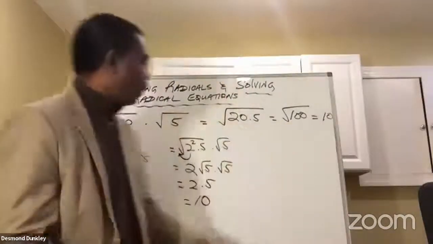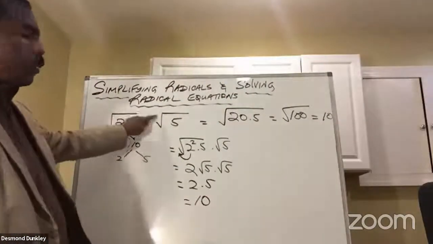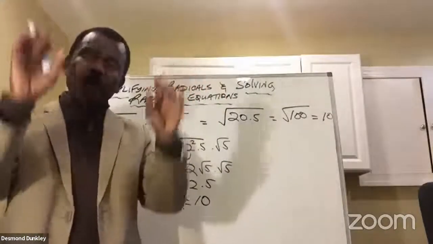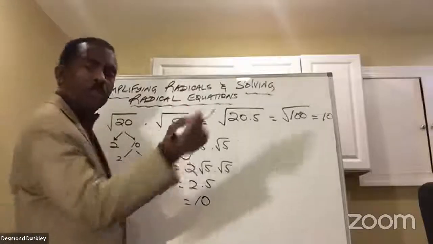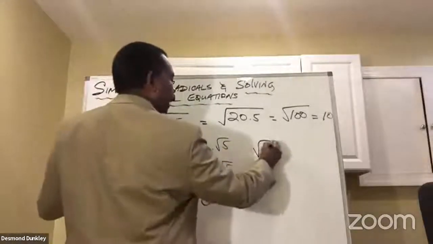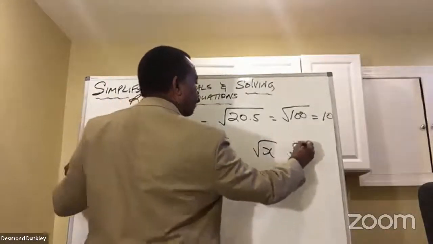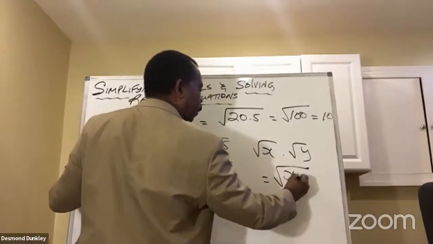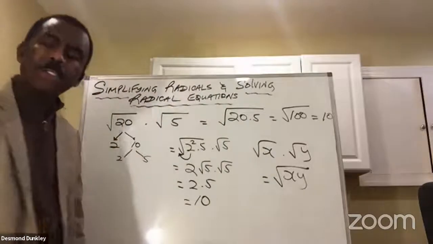So the easy way to do it is, since it's square root and you're multiplying, you put it under the same umbrella. So the rule is the square root of x times the square root of y is equal to the square root of xy. That is the rule.